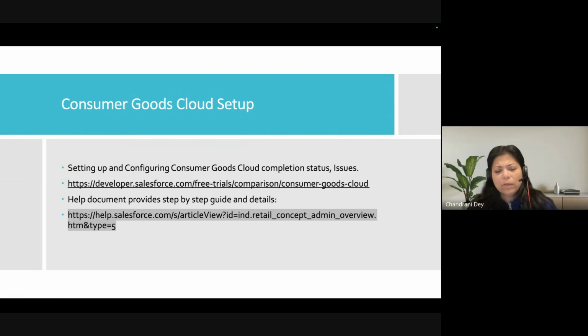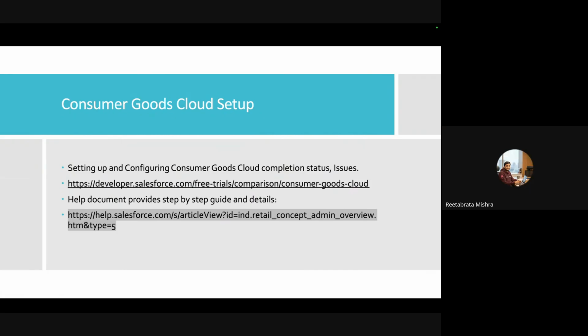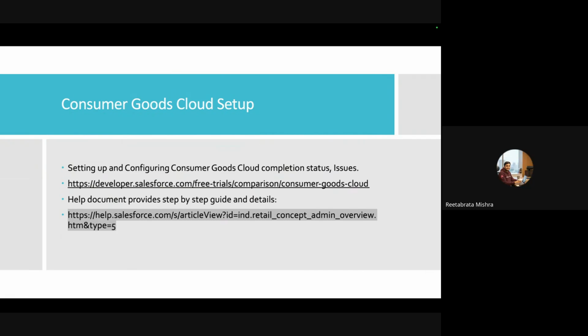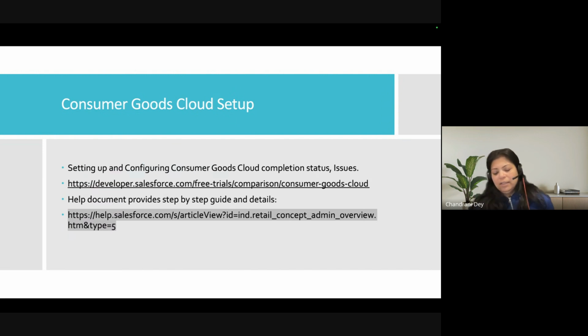Okay, but today in the morning, were you able to check? Yeah, I already signed up for two types of org, one pre-configured and one not configured. I want to try both of them. Okay. So yes, you can start with the configured ones so that whatever is given there, you can understand.